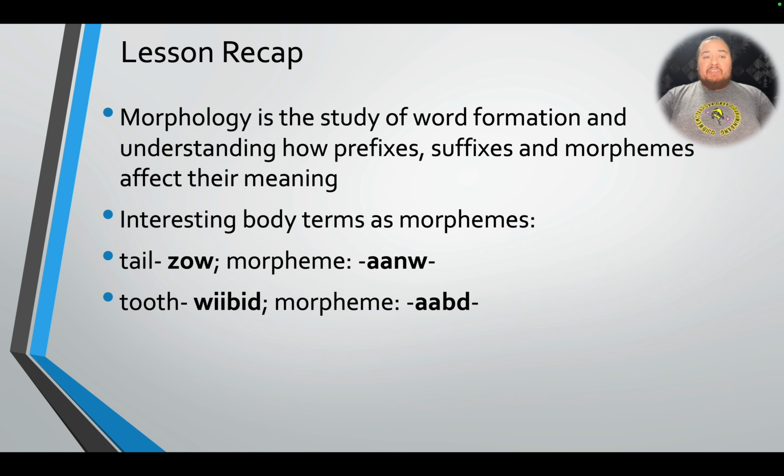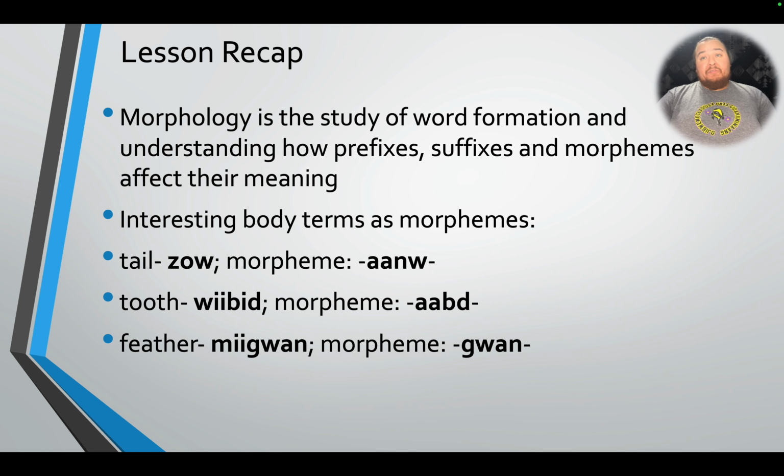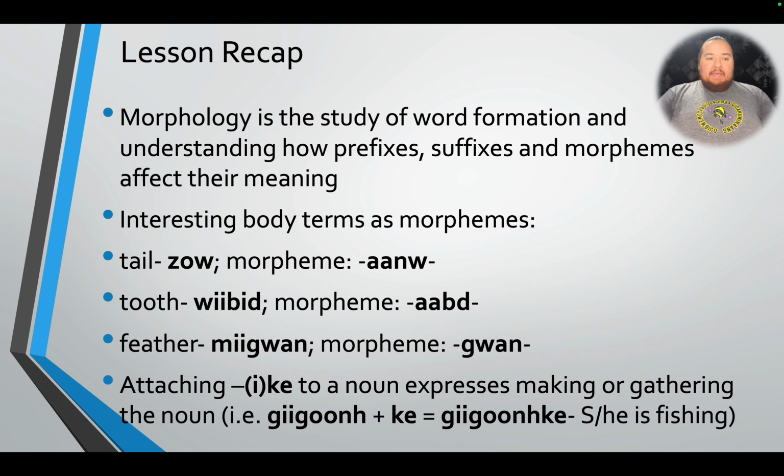The preferred morpheme is abd, A-A-B-D. The word for feather is migwan, but the morpheme we use for feather or wings is guan. And attaching the ike to a noun expresses a making or gathering of the noun. So for example, gigon plus ke or ike is gigon ke, which means she or he is fishing or gathering fish.